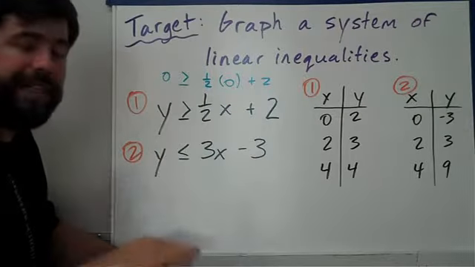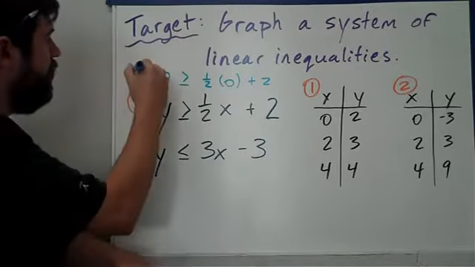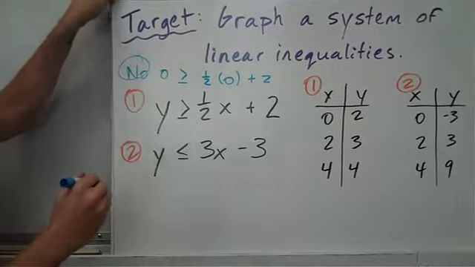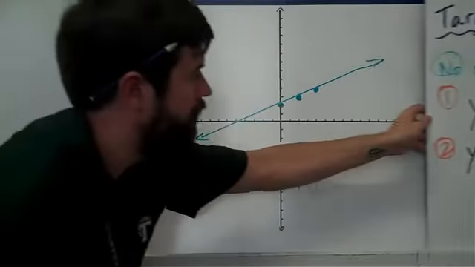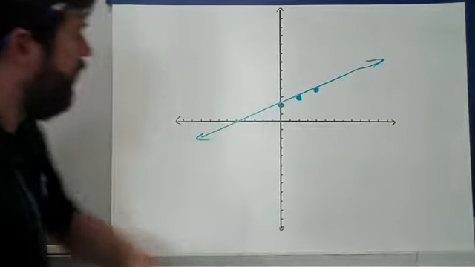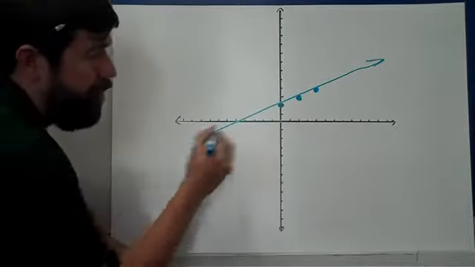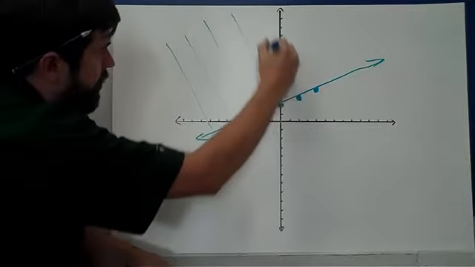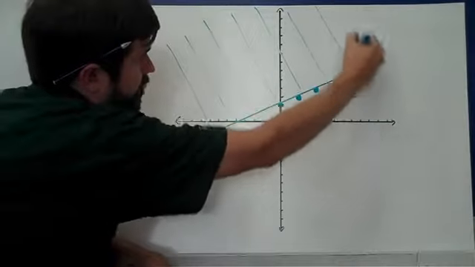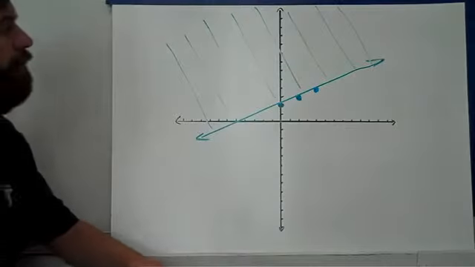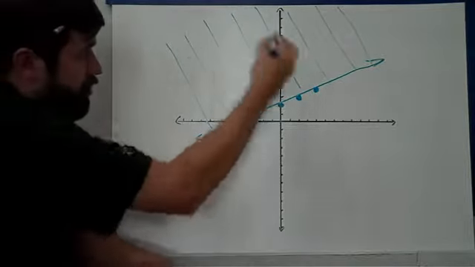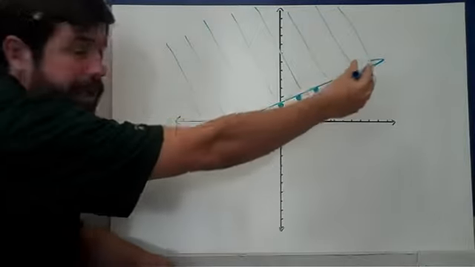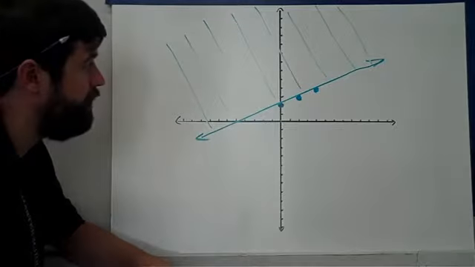I would say no, it's not greater than 2. So this one, no. Now, if this point gave us a no, that means the other side is the one that we want to shade. So this is the shaded side. Notice how I shaded. I didn't scribble scratch the whole thing. I put nice straight lines that were perpendicular to the equation.